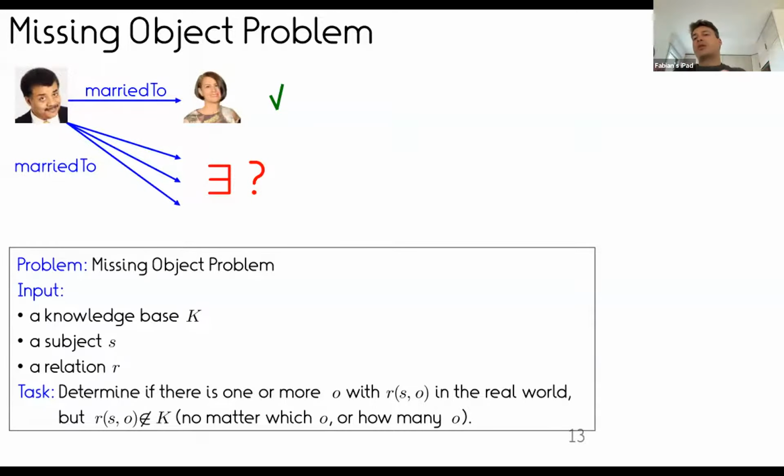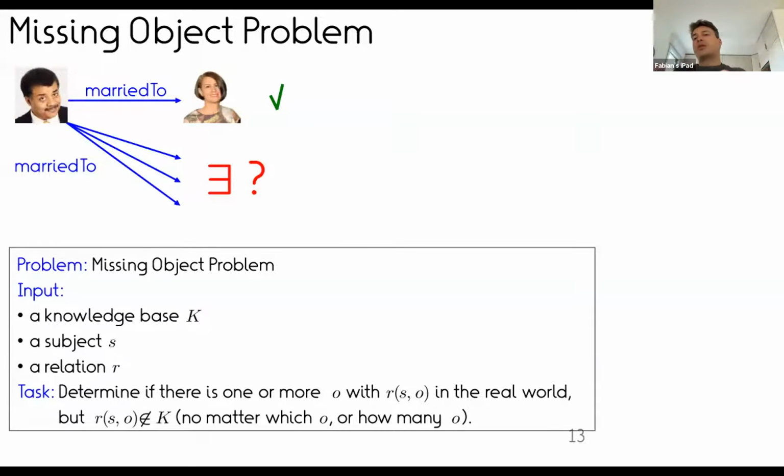And that's an assumption. This assumption works very well for functional relationships, that is, relationships that have a single object, such as, for example, has a birth date. If your birth date is in the knowledge base, then you have no others. Or it works also for quasi-functional relationships, like, for example, your nationality. If your nationality is on Wikipedia, then most likely you have no others, because the person who took the pains to add your nationality would probably have added the others as well.